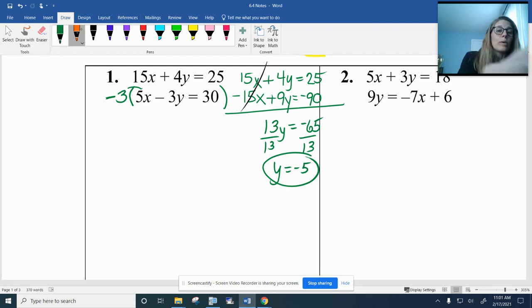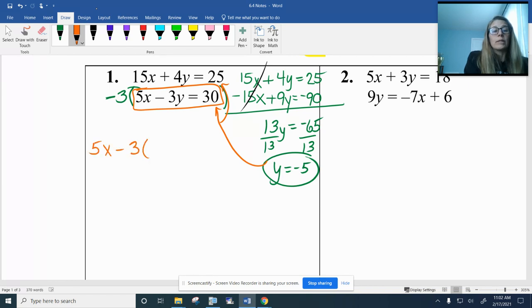Okay, same as always, we would then take our first answer and substitute it into one of those original equations. Either one is fine. They will both get you the same value for x. So I'll just do this one here. The numbers are a little bit smaller. So 5x minus 3 times y, which we just figured out was negative 5, equals 30.